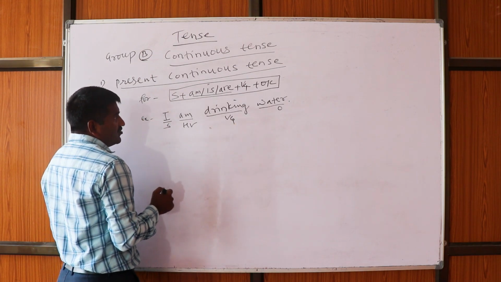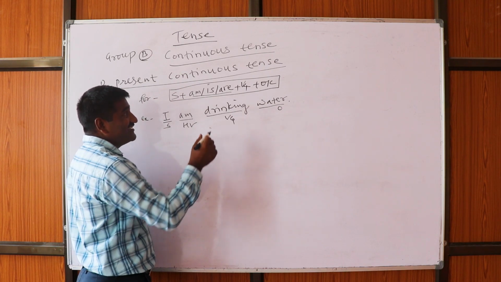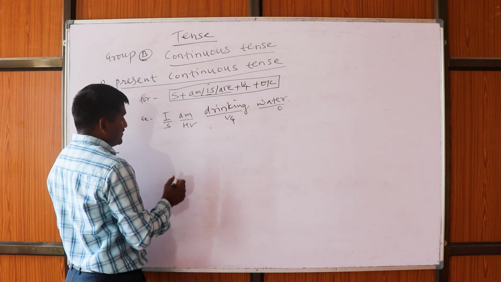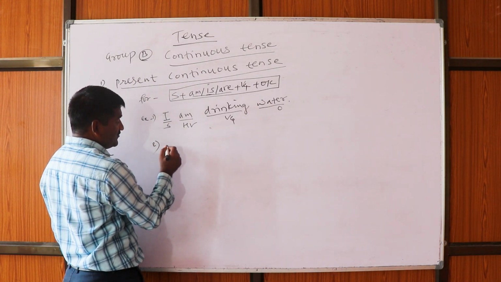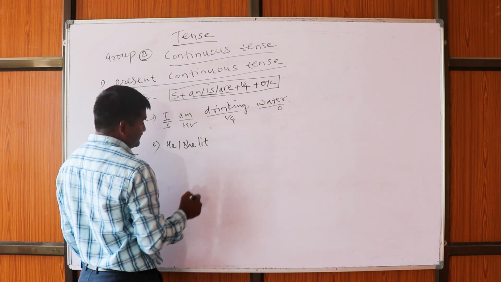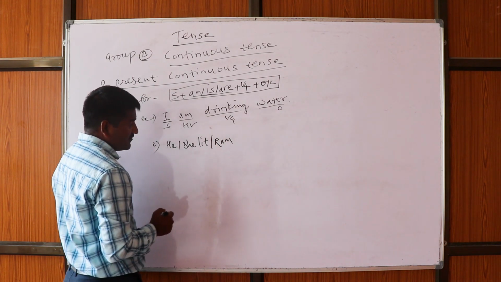Okay. So which are the subjects or persons which take is helping verb we want to understand. So we have third persons. Example 2. Third persons we have he, she, then it, then name of persons, for example Ram.